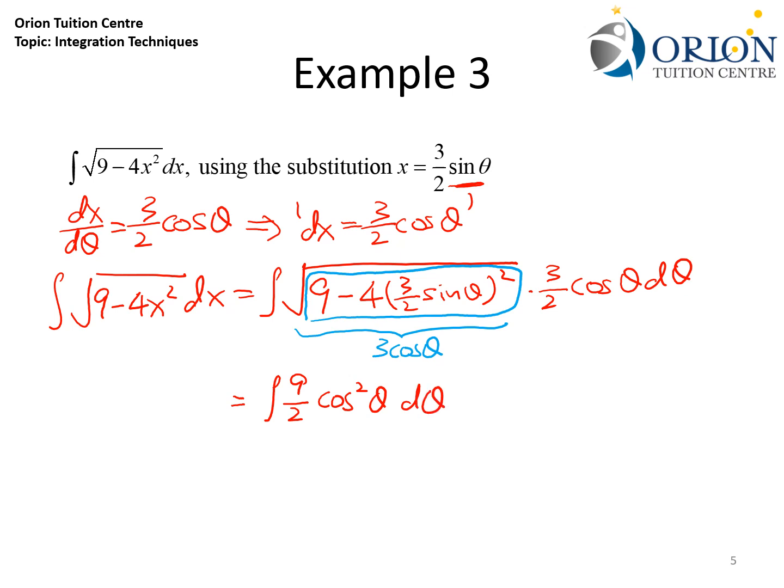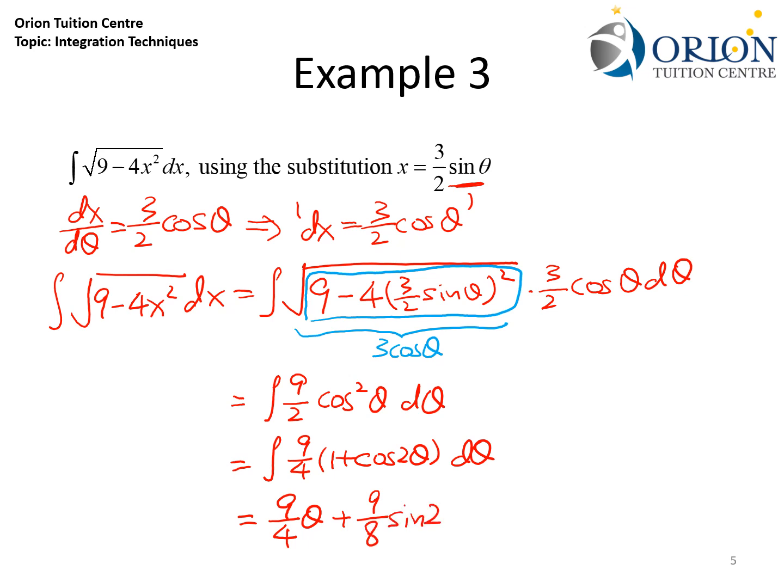And as we recall, in order to integrate a cosine squared, we will need to use our double angle formula, and that gives us the integration of 9 over 4 (1 plus cos 2 theta) d theta, which we can integrate to get 9 over 4 theta plus 9 over 8 sine 2 theta plus c.